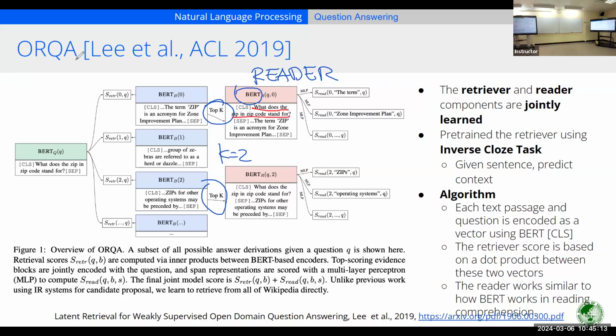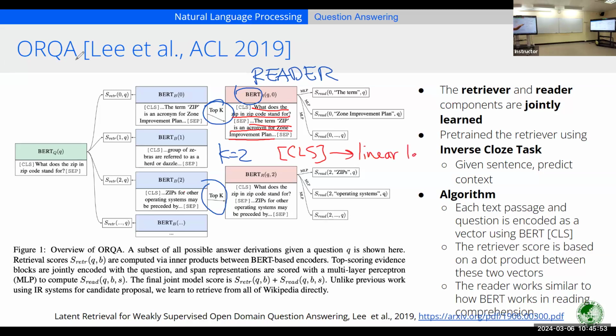Then you attach the top K documents, concatenated behind it, and send it to this BERT, something called BERT R. And once you send it, again, you take only the final H from the CLS and send it to maybe a linear layer.